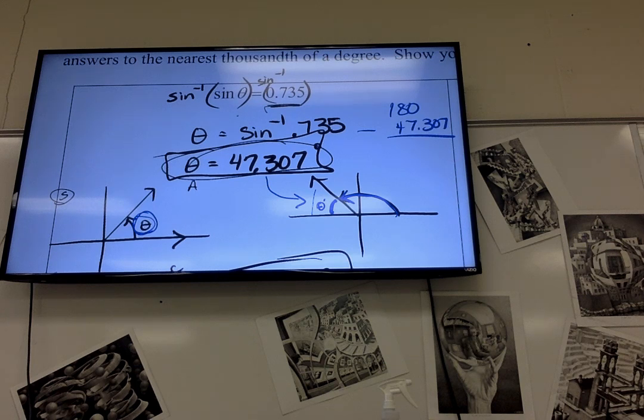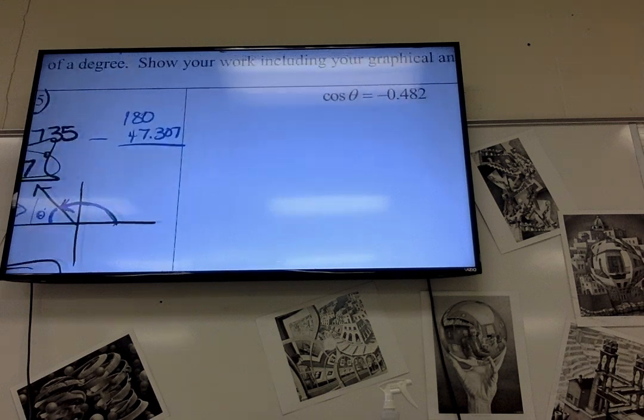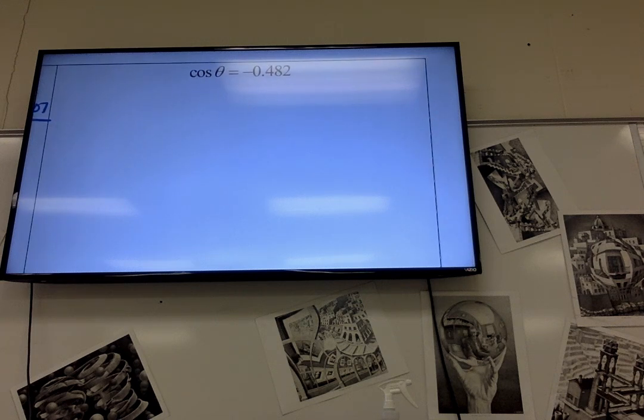Anything else yet? All right. Next one, cosine of theta equals negative 0.482. So what do you do? The inverse cosine. Yeah, inverse cosine of negative 0.482.